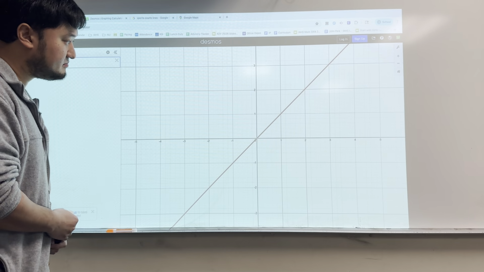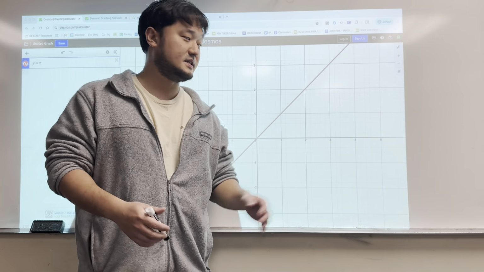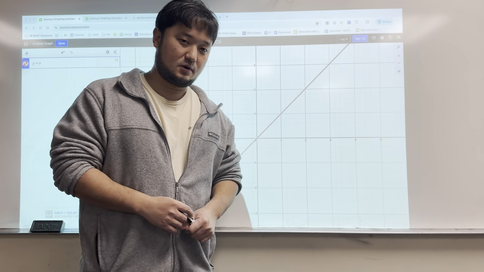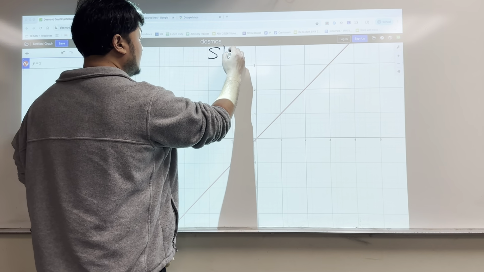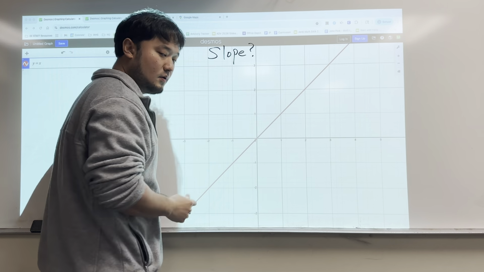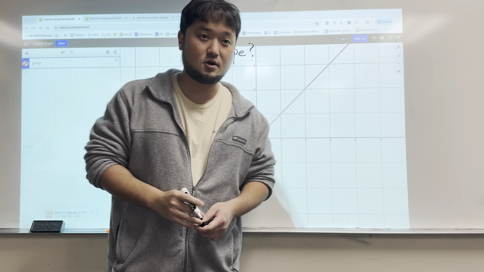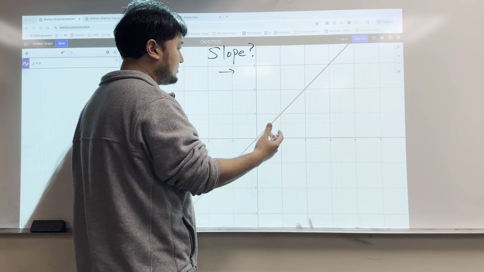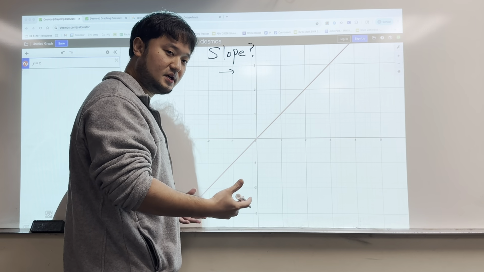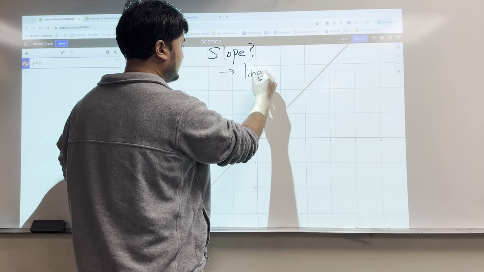All right, so first of all, let's briefly go over what slopes are. What is slope, okay? What do we call slope? A lot of students tell me that it's a line.